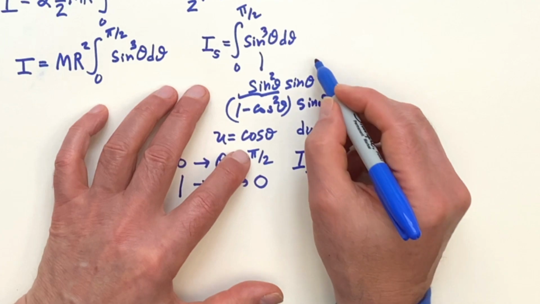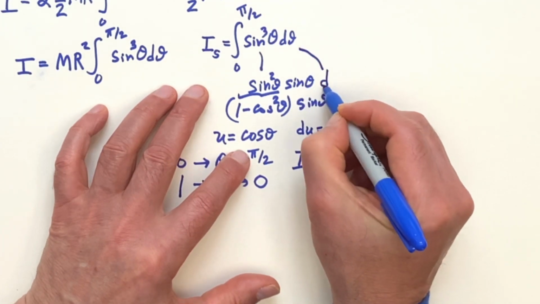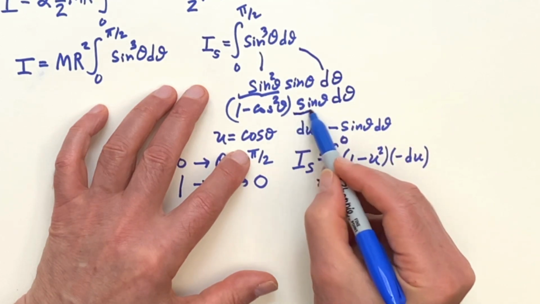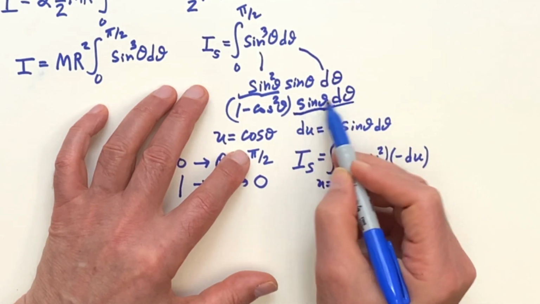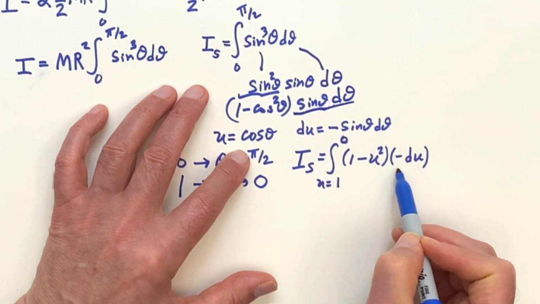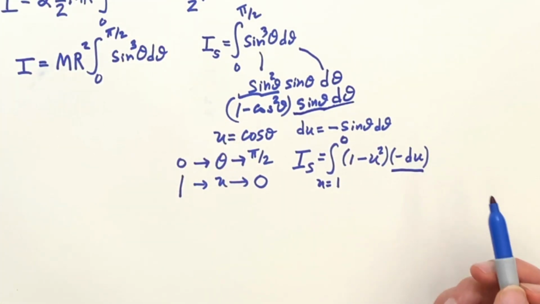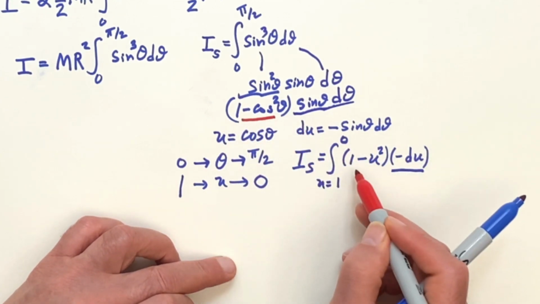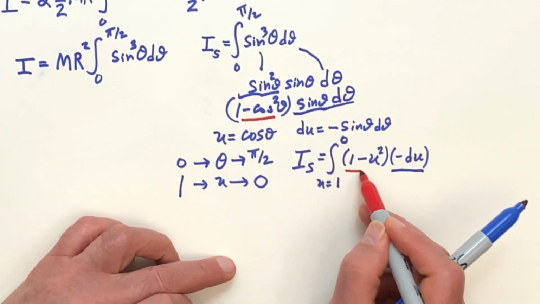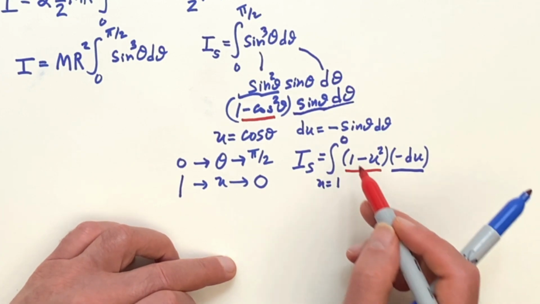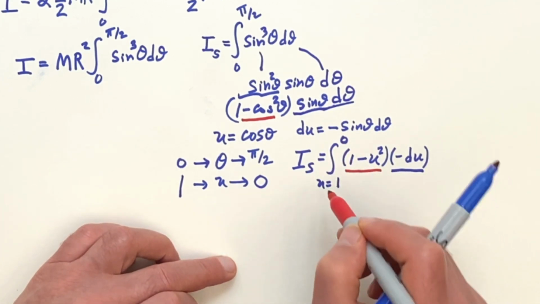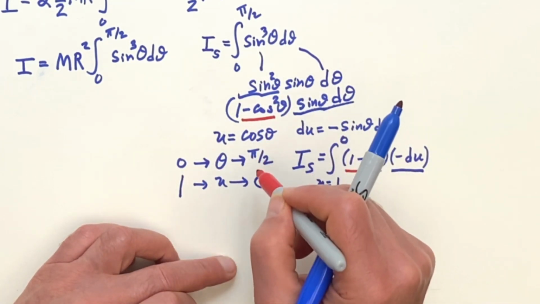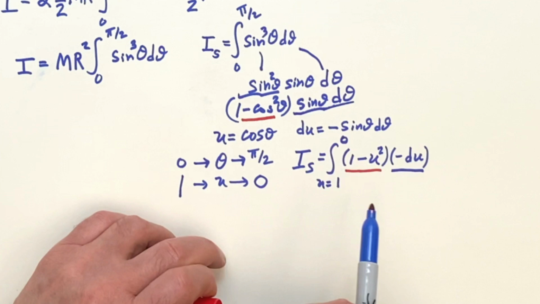If you want, you can have this d theta hanging around, and the combination of these two is minus du. Then 1 minus cosine squared is 1 minus u squared, and the limits change from 0 to pi over 2 to 1 to 0.